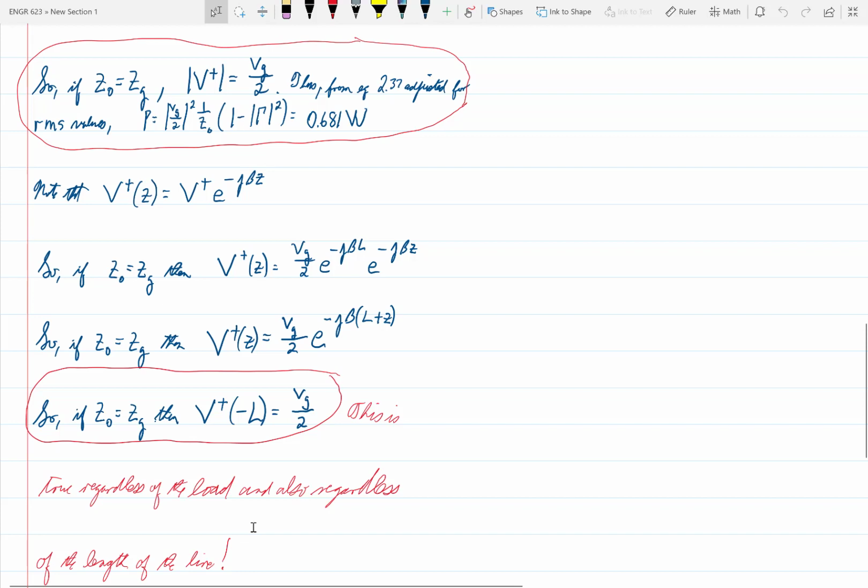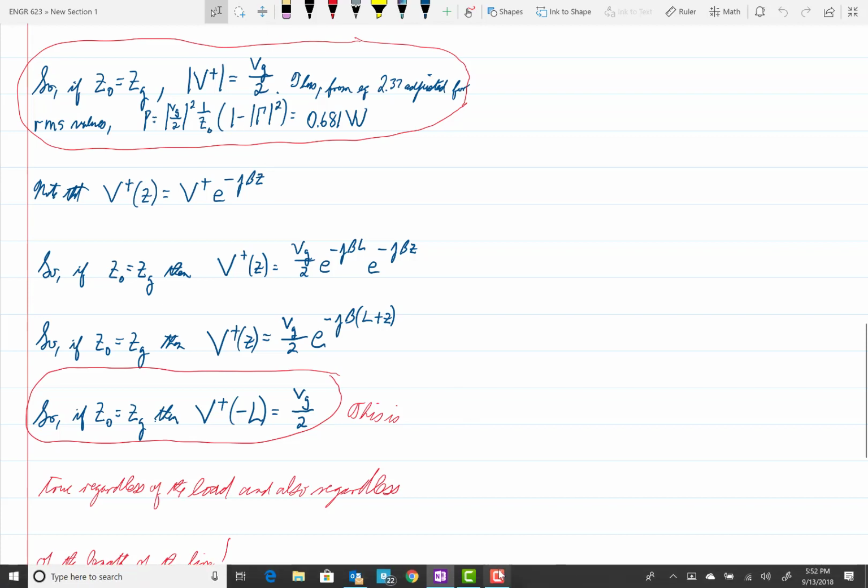So that's just an interesting note that the plus traveling voltage wave at the input will always be Vg over 2 when the characteristic impedance matches the source impedance. So that concludes our discussion of two different ways of doing problem 2.16, and so that concludes this video.